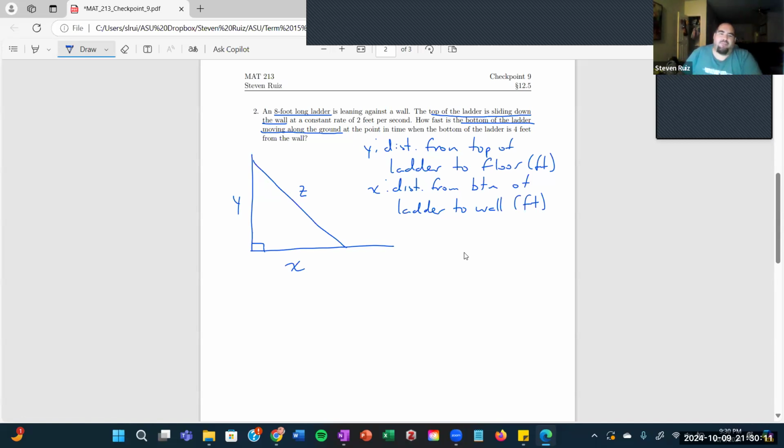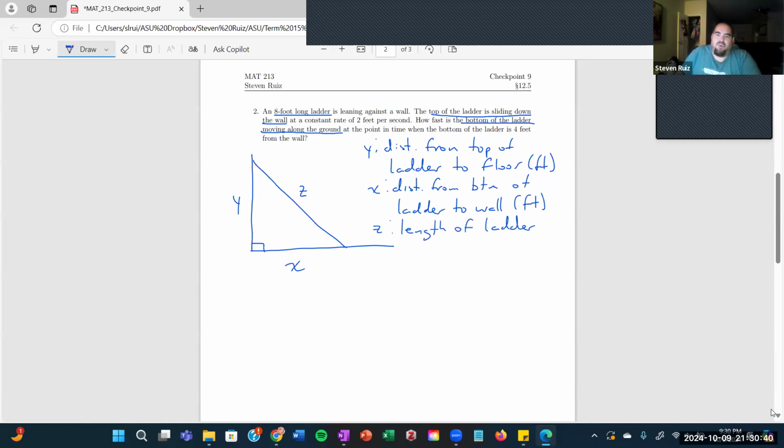So I have my variables, and I haven't even looked at what I want to solve for yet. We could do that, but right now I'm going to focus on whether there's some kind of equation I can make that will wrap up all these quantities I'm talking about. Z is the length of the ladder.